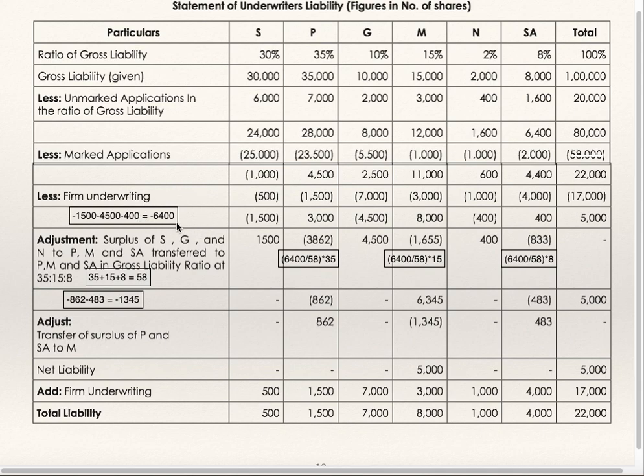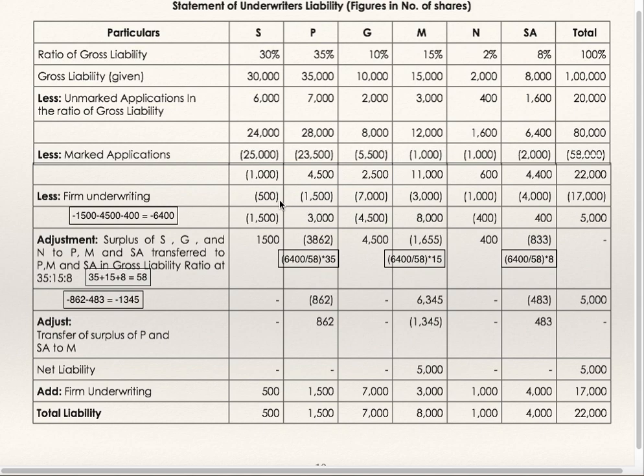So minus 1500, minus 4500 and minus 400, all these negative, if you add, you get minus 6400. It is to be distributed among the underwriters who have got positive figure, that is P, M and SA, in the ratio of gross liability, that is 35, 15 and 8. 35 is to 15 is to 8, 6400 is to be distributed.